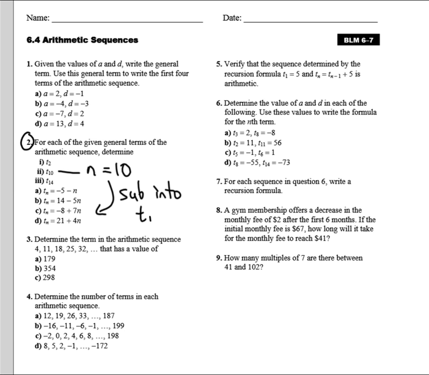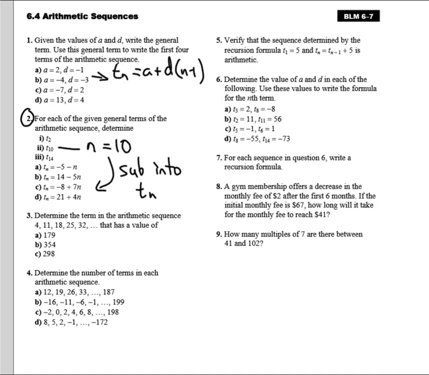Okay. Again, the first one is also pretty straightforward. This just involves substituting these into the general form a plus d times n subtract 1, and I've already shown an example of that in the previous activity, so I won't go over any from number 1 either.